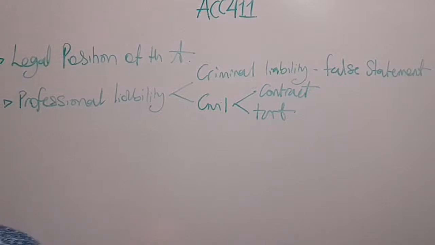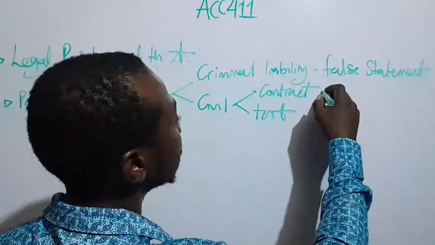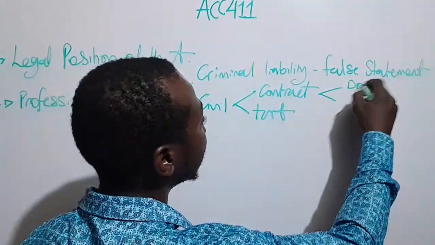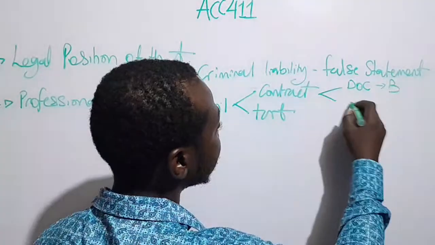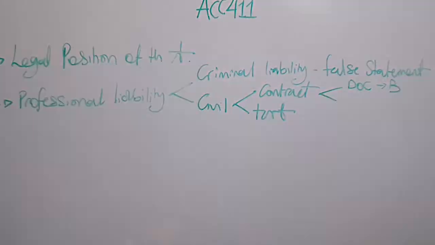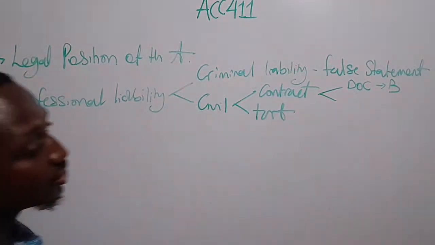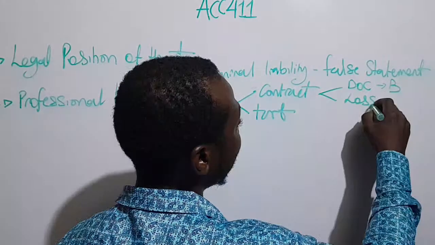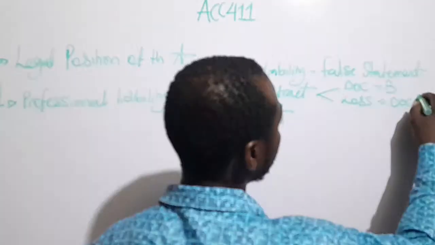Now, in a case of this nature, only two elements need proof, and they are whether the duty of care has been breached, and whether any loss has arisen as a result of the breach. So we have duty of care breach, or loss out of duty of care breach.